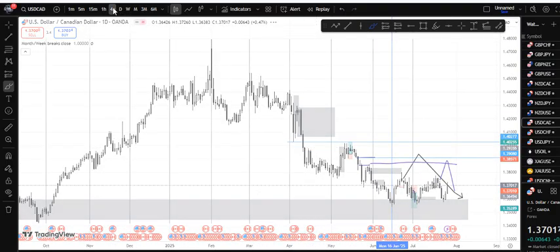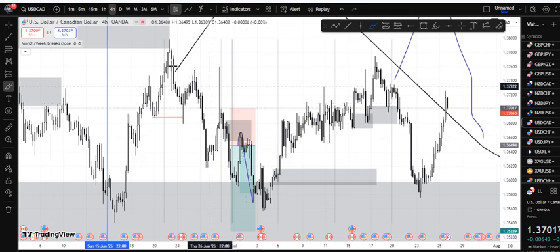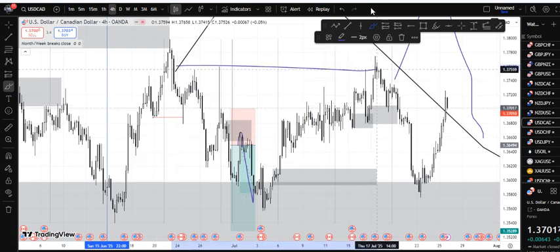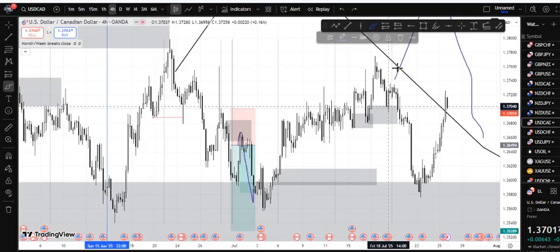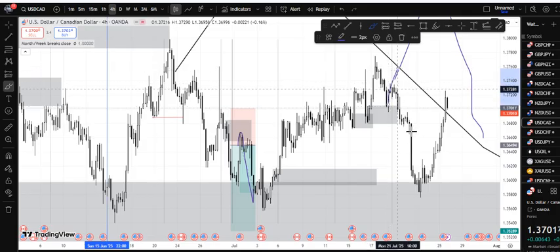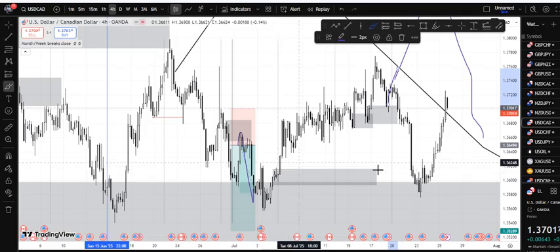Going to the 4 hours, yes, we did not have a close above this, so we had an issue with this market. I was expecting a push from this area, but unfortunately market went deeper to an area I never expected. Why?